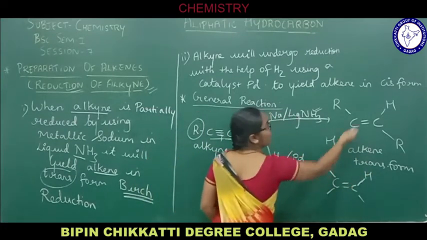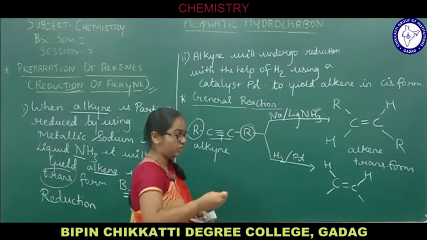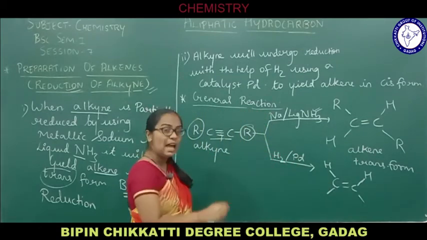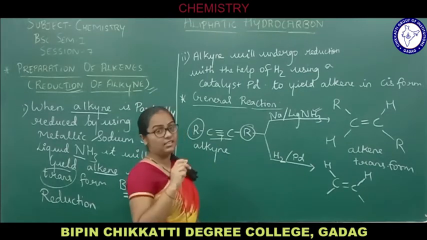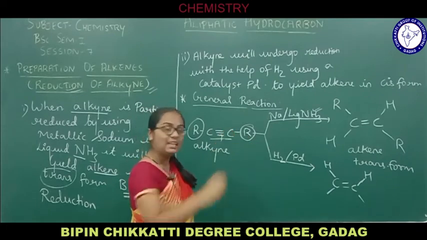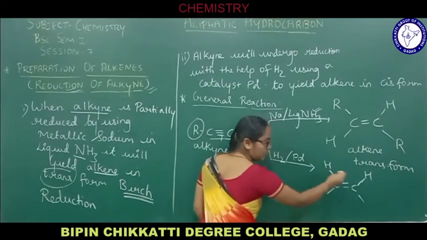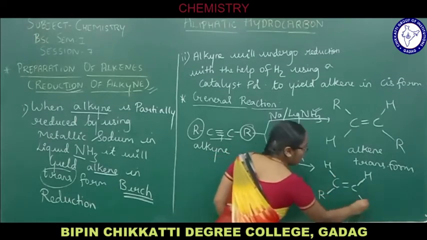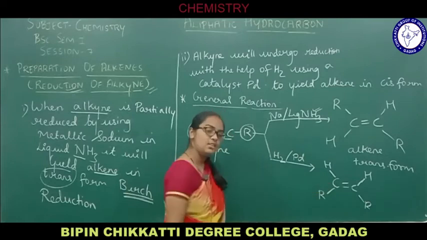Now in the trans form, the two hydrogens added on opposite sides, that is the stereochemistry. Similarly here, the two hydrogen atoms are going to add on the same side, whereas in the trans form they were adding on opposite sides. So they add on the same side, and the two alkyl groups, the R groups, are also going to be present on the same side, right?